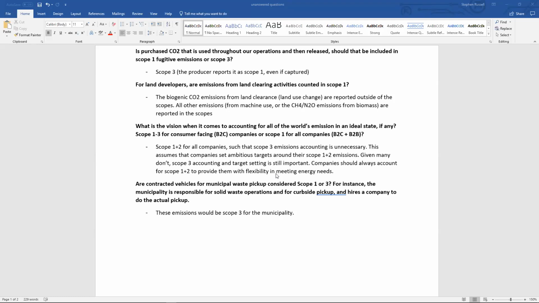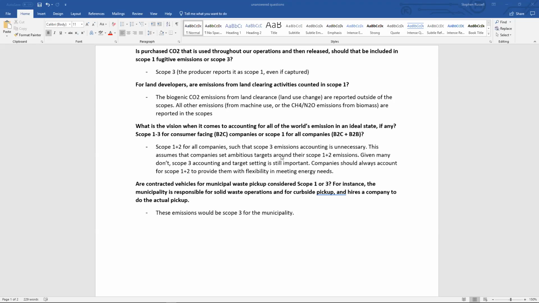So to recap, the CO2 emissions from land clearance are reported outside the scopes, but all other emissions will be reported within the scopes. And that includes, say, the emissions from the use of machines used to clear the land, and also the methane and nitrous oxide emissions from the biomass. Okay.